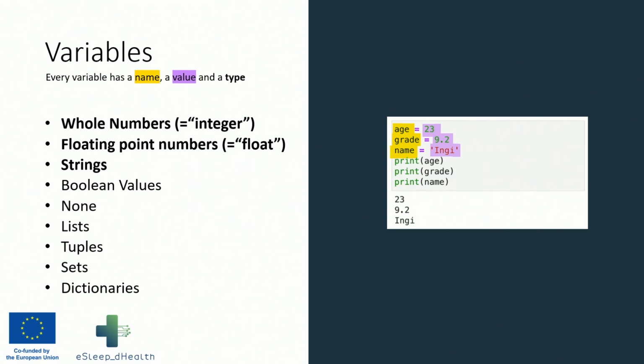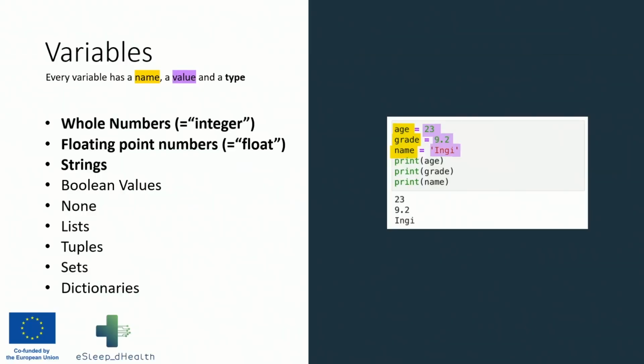Because this is a whole number, we know that this variable is an integer, because all variables that get a full number assigned are integers. So we don't need to define that age is an integer and that I want to assign the value 23 to it. No, we only have to pick the name and the value, and Python will know which type of variable it is.